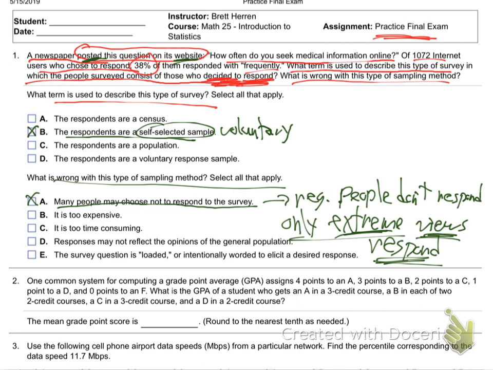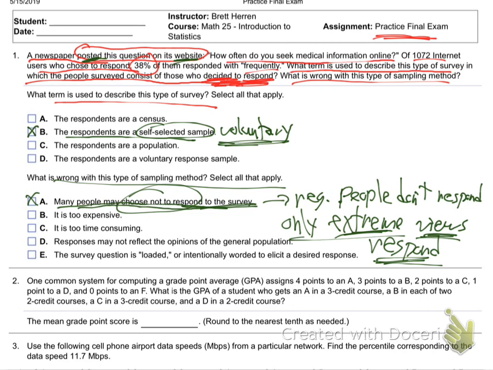And so that's why you don't want to do voluntary response samples, because most people choose not to respond. You don't want to post things on the internet. And anytime you read a study that was done on an internet or a radio talk show, call-in show, or something like that, and they say, yeah, 80% of our callers feel this way, or 80% of the people that clicked on this web link feel that way, don't believe those results.